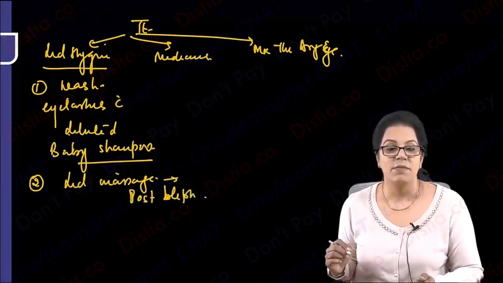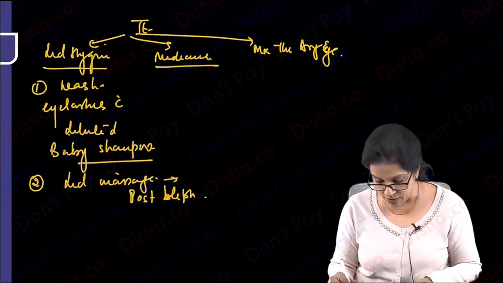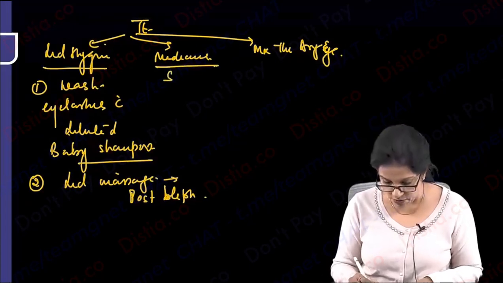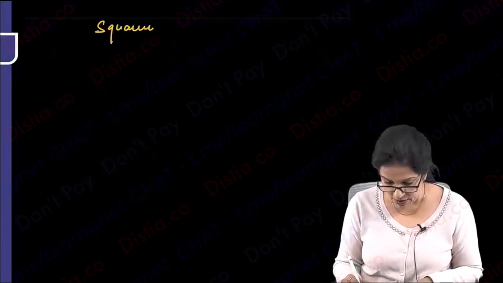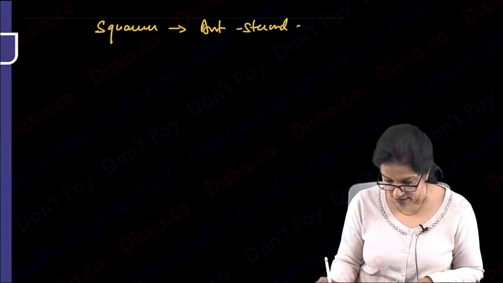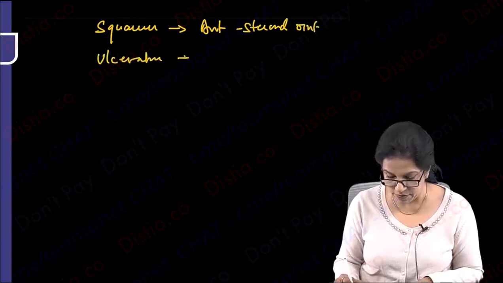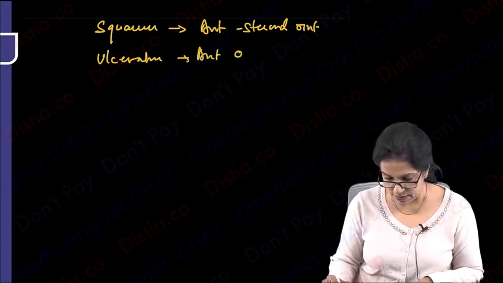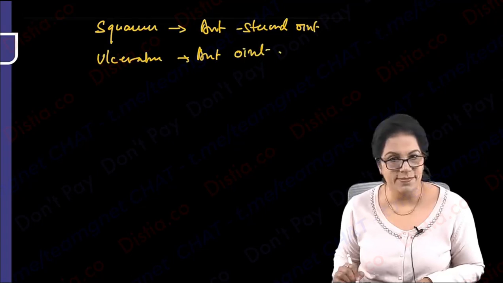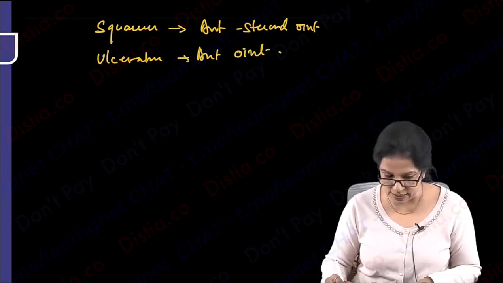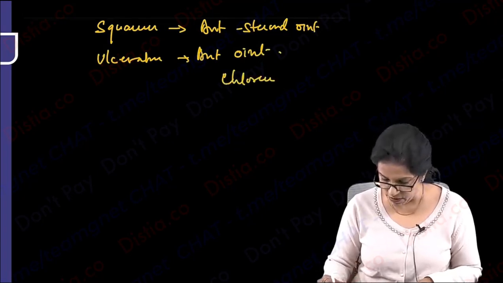Okay. Medicines: if I talk about squamous, I may also give an antibiotic steroid ointment if needed. In case of ulcerative, I am only going to give antibiotic ointment. Which antibiotic? Generally we can go for chloramphenicol or fusidic acid.